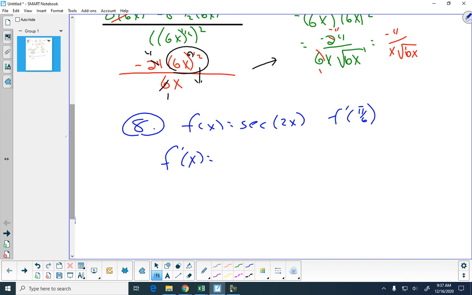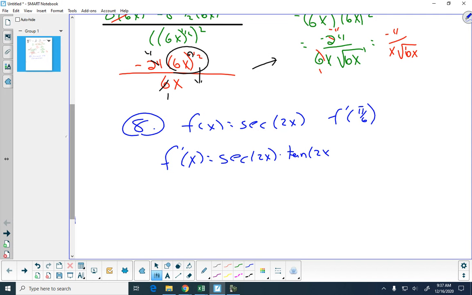The secant times the tangent, but we have the secant of 2x times the tangent of 2x. Whatever we're taking the secant and tangent of, we need to get it in there.